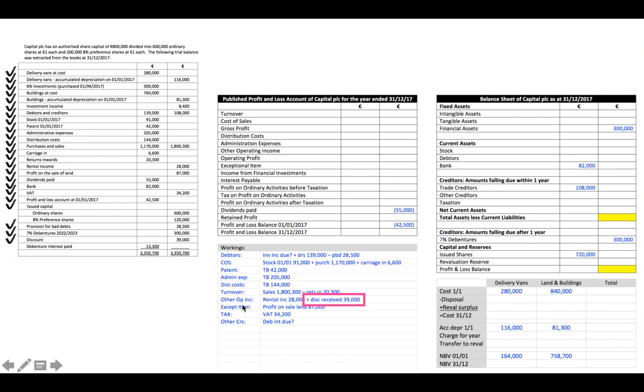So discount received will be added to other operating income here, 39,000 euro there. Then we have debenture interest paid, 13,300. Now we're going to work out in the next step how much the debenture interest should be in total, but more than likely we're going to have debenture interest due, and that will go into our other creditors here in the creditors minus 1 year.